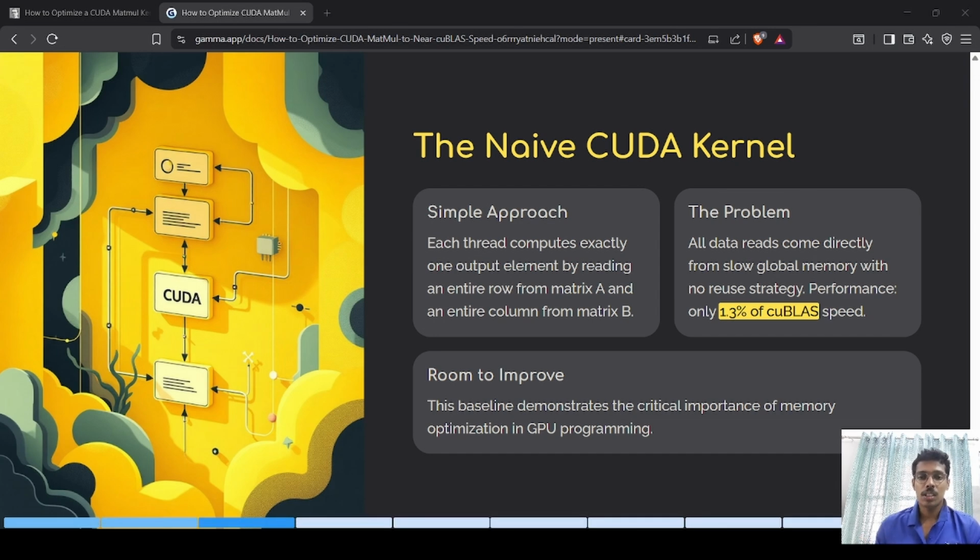So in stage 1, Simon Boehm introduced a naive matrix multiplication where it reads the full row from matrix A and the full column from matrix B directly from the slow global memory, and guess what? It is incredibly slow. The performance is around 1.3% of cuBLAS, and that's basically the GPU saying, bro, this is not how you use me.